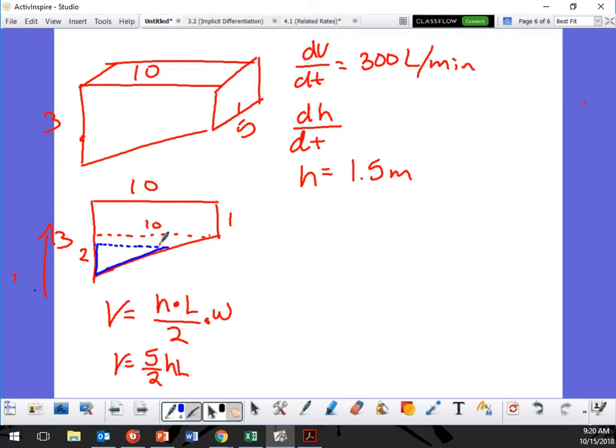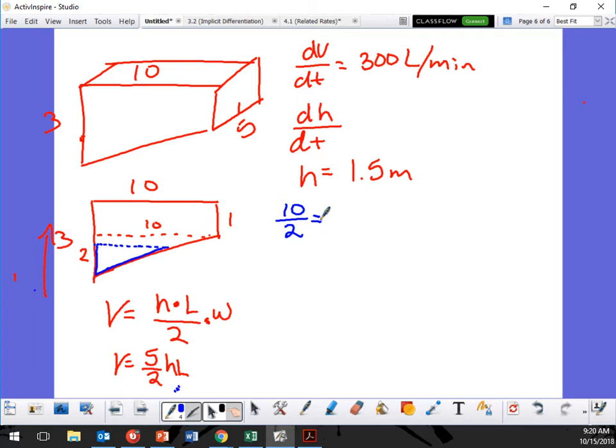Because this, the 10 represents my what? Which one of these variables down here does the 10 represent? The L, right? Okay. And the 2 represents the what? The H, right? So I can go 10 over 2 is equal to what over what?